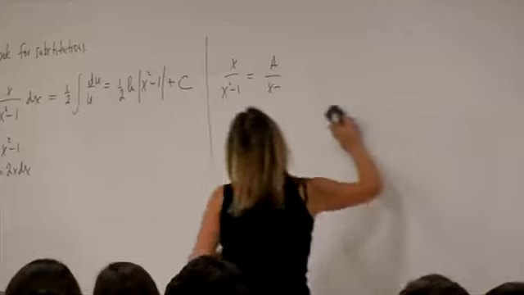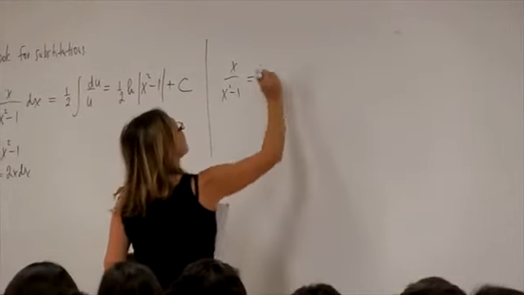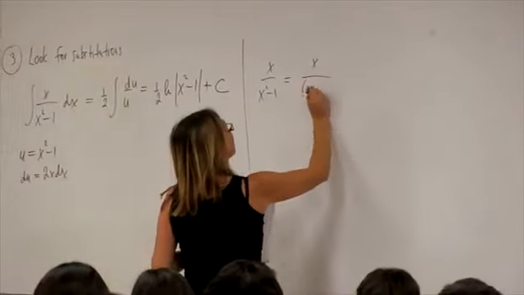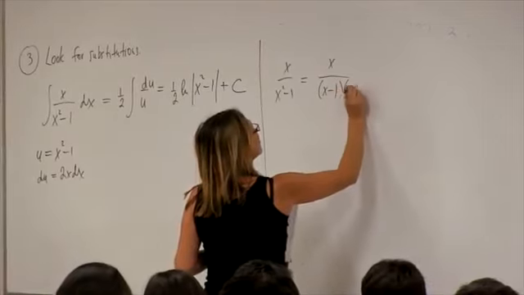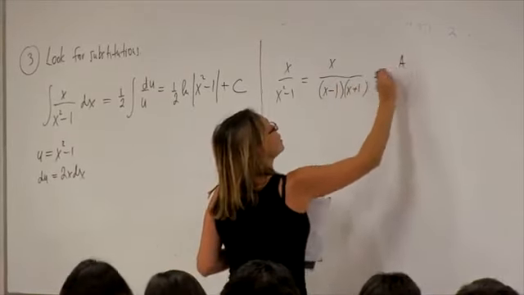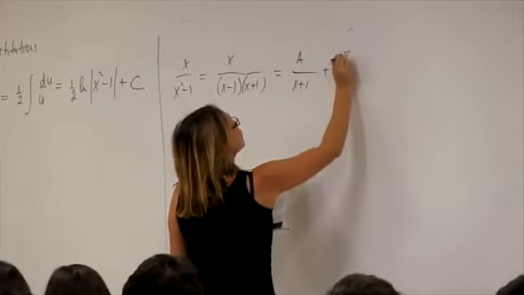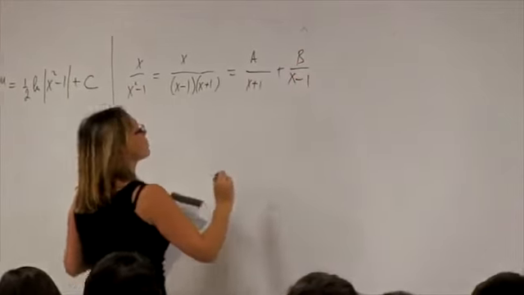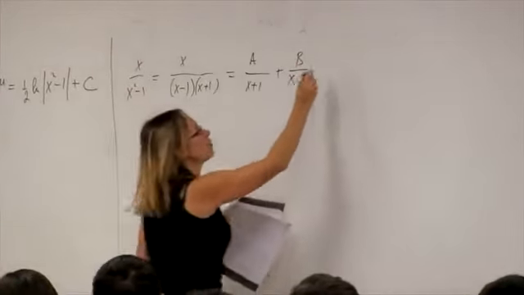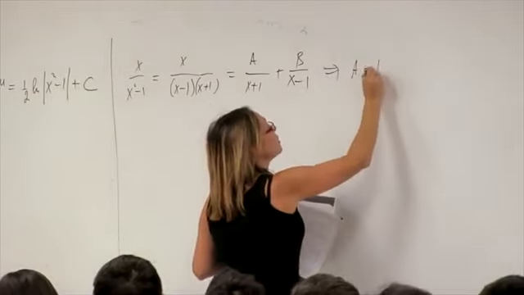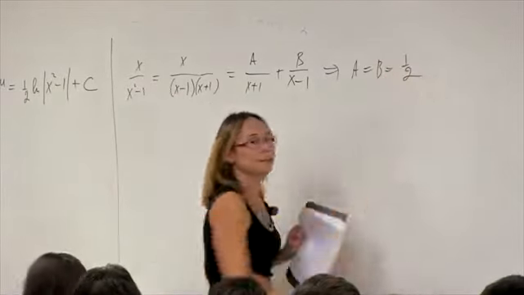So we can first split it into x minus 1, x plus 1. And then we can say that this is a over x plus 1 plus b over x minus 1. And then it's very easy to find that a and b are both 1/2.